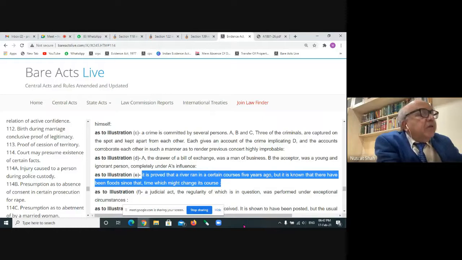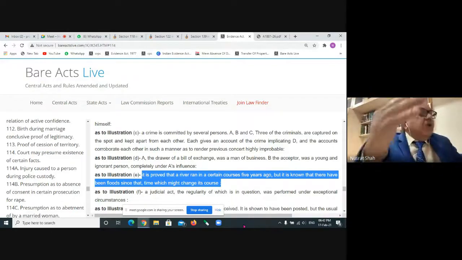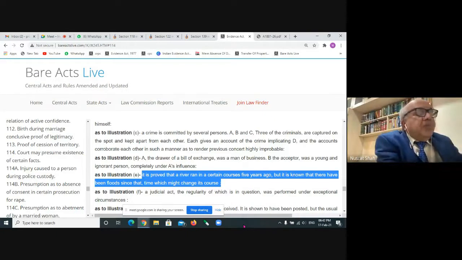So the court may draw a presumption that certain people who were swimming, who had gone there for fishing or maybe taking a bath, are not traceable on account of this happening.